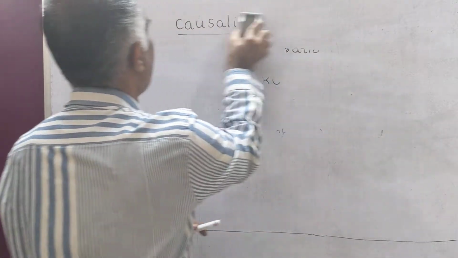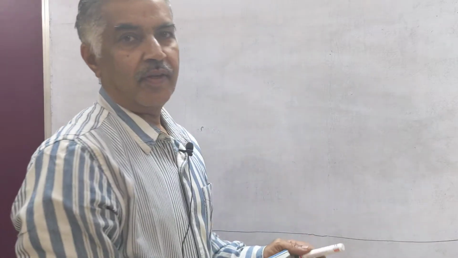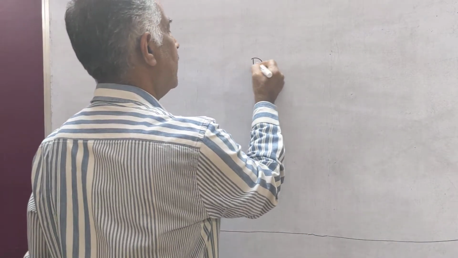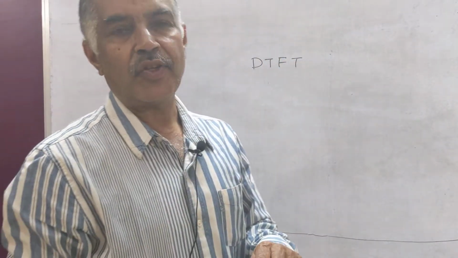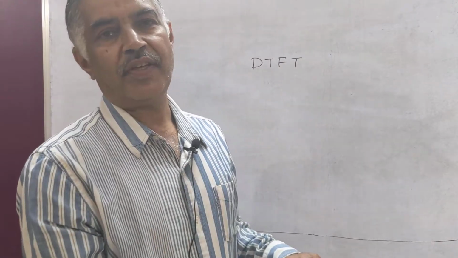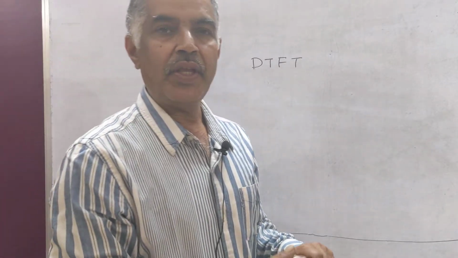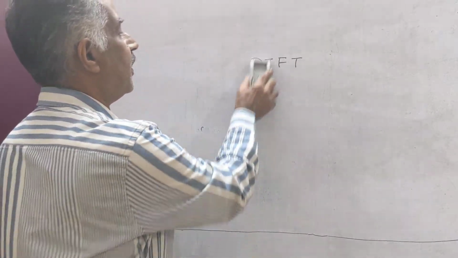Now for stability, I am not in a position to give proof because we have not yet taken up DTFT. DTFT means discrete time Fourier transform. So after Z transform, I am going to take up Fourier series. Then from Fourier series, we have to jump into Fourier transforms. So it is something related with DTFT.